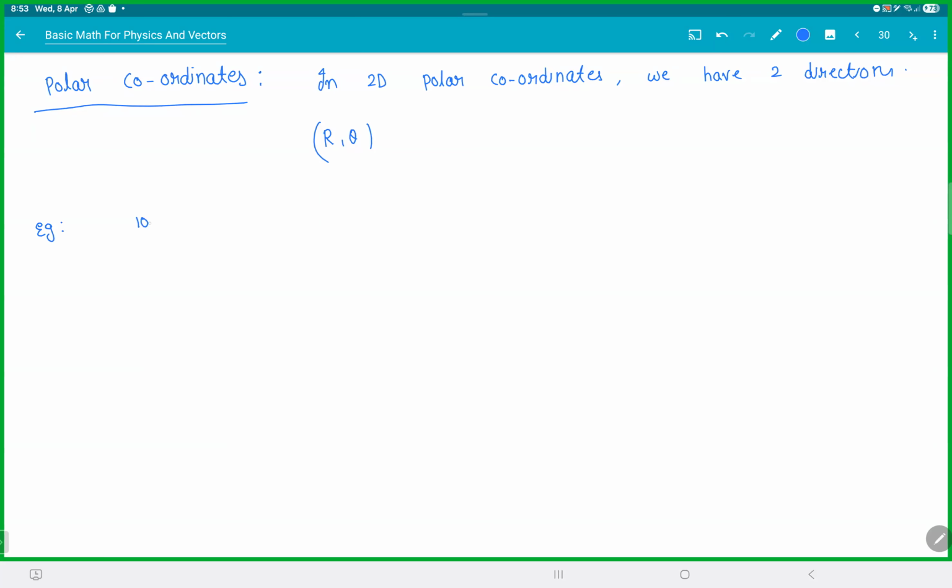You'll say 10 comma 60 degrees. The meaning of this is draw a circle of radius 10. And then from the reference line, rotate 60 degrees. You get the address.